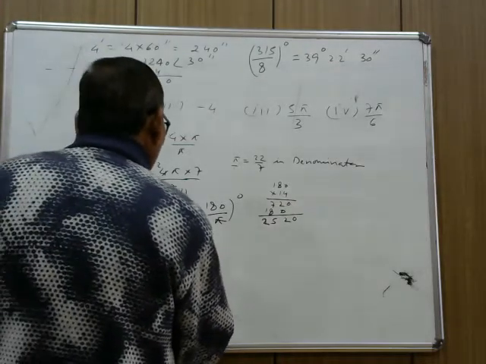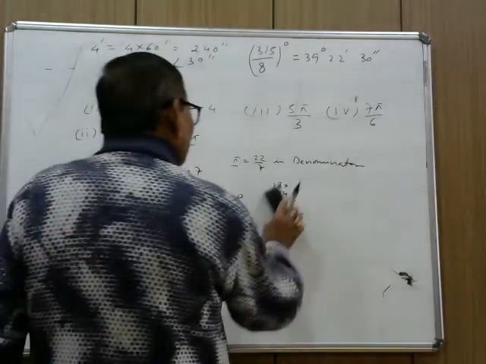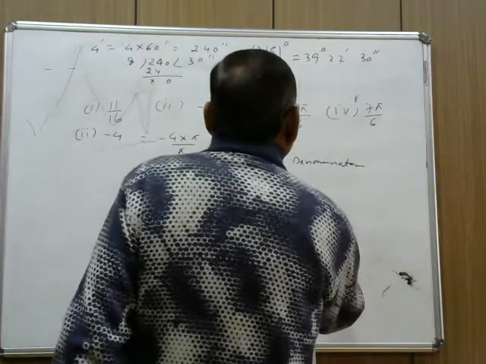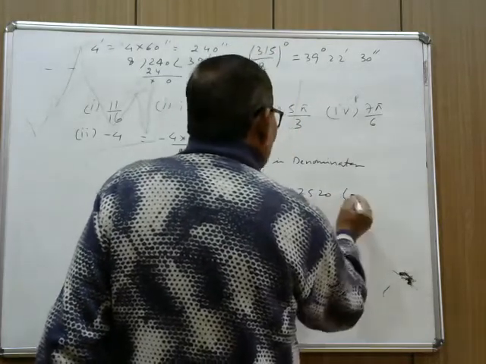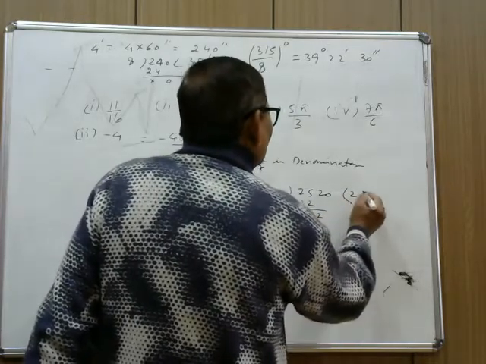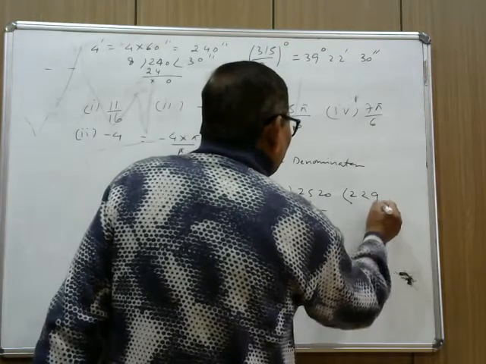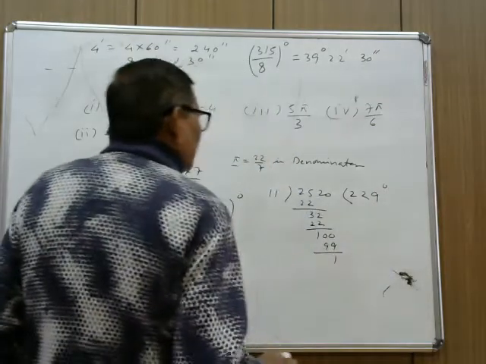This is 2520 by 11 degree. So in this way, you divide 2520 by 11. 11 twos are 22, 3, 2, 11 twos are 22, 100, 11 nines are 99. That is 1. 229 degree.